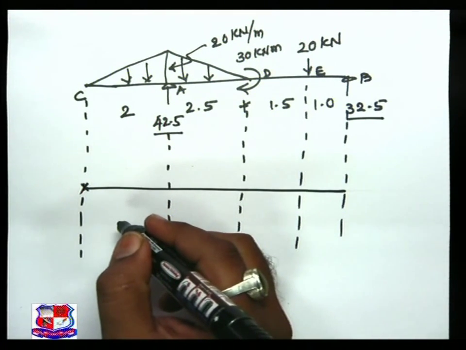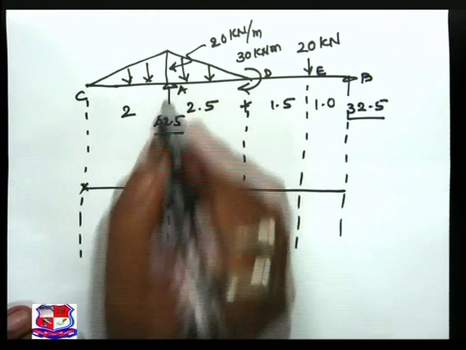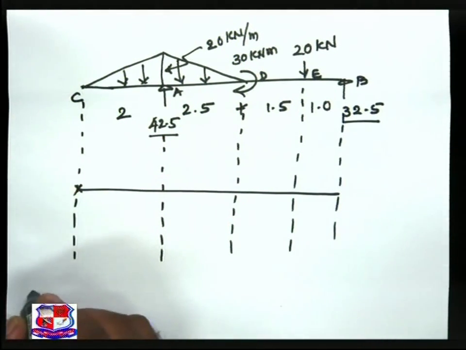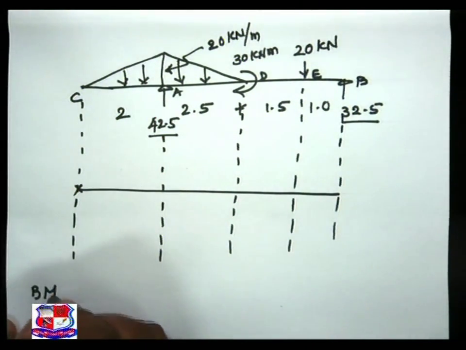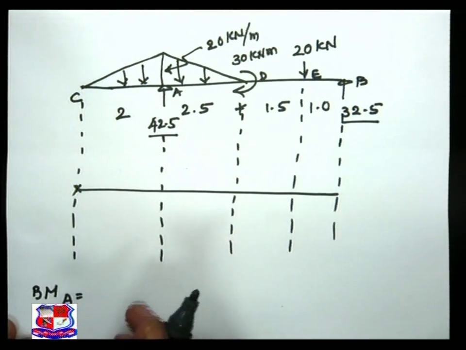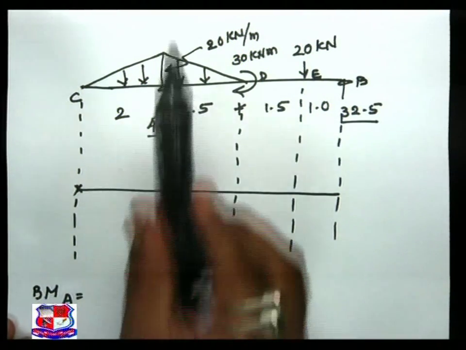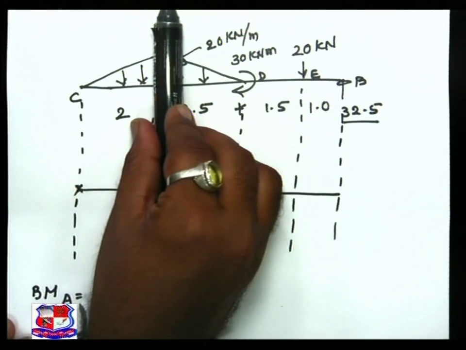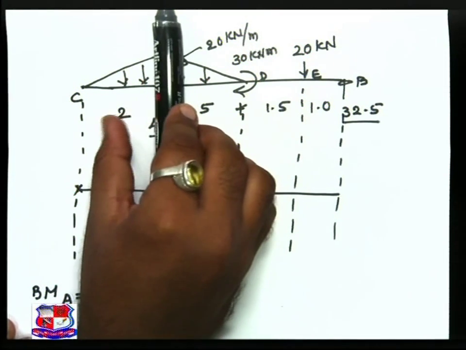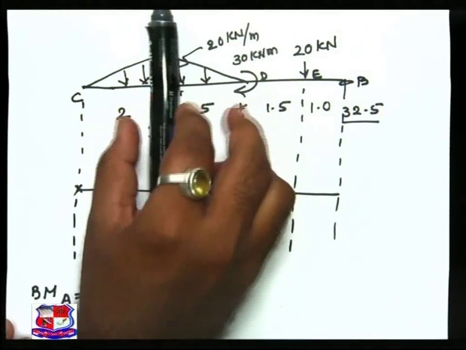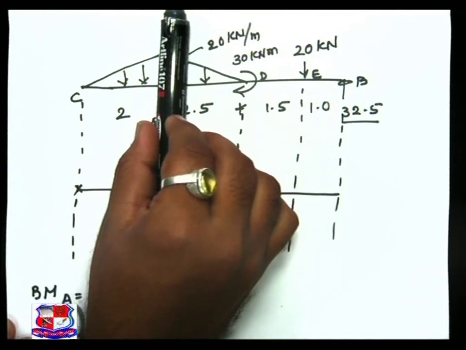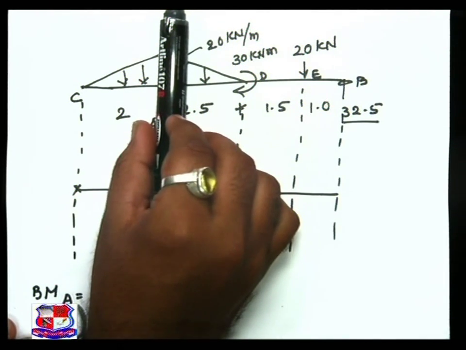Now the next point is A, that is, the bending moment at A. So what do we have to take? We have to take a section either on the left side or the right side. For an easier point of view, let us take a section on the left side.